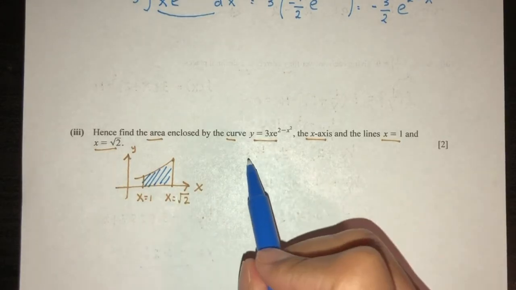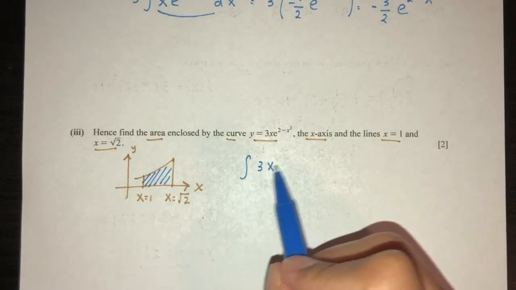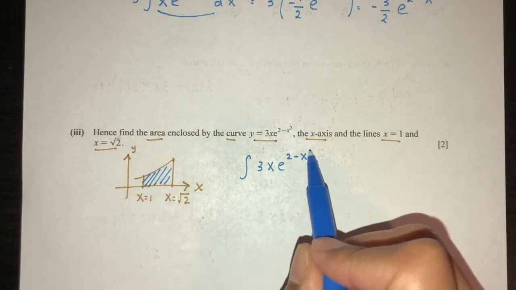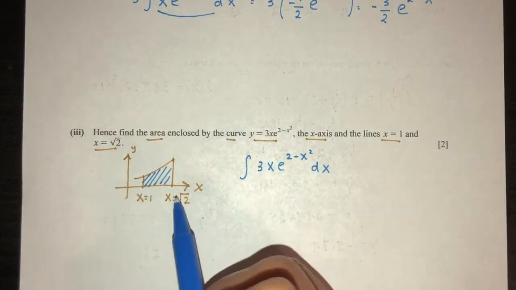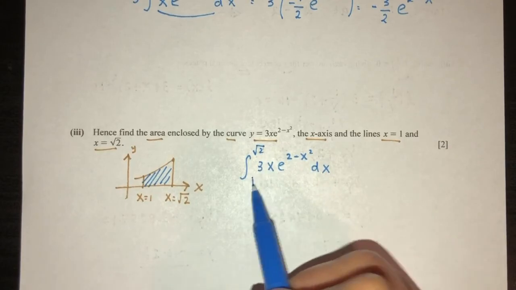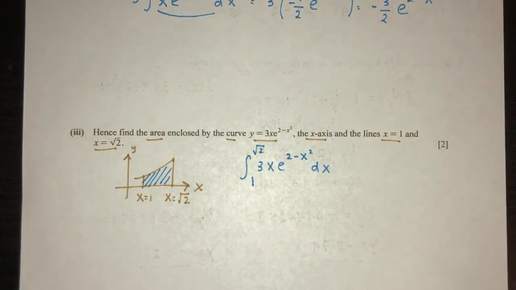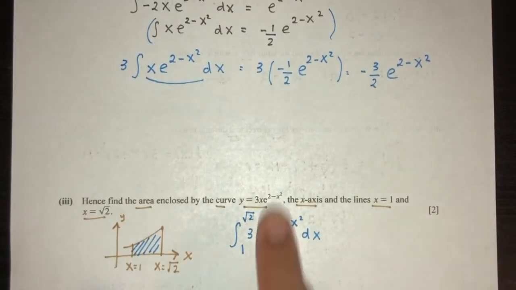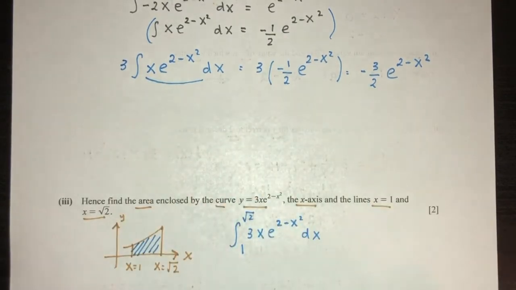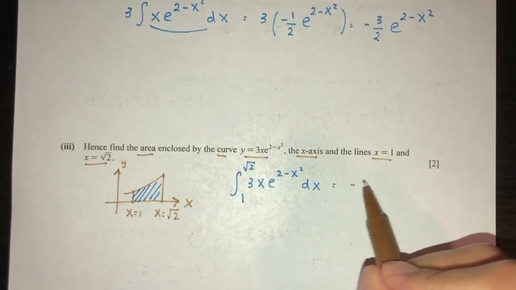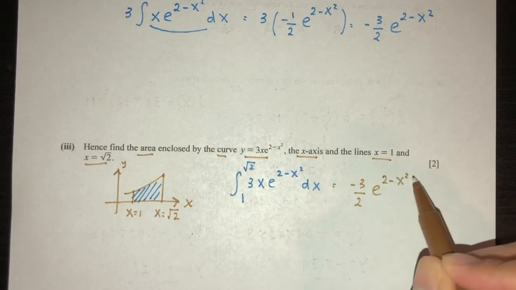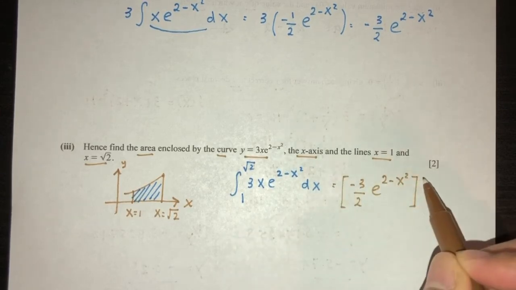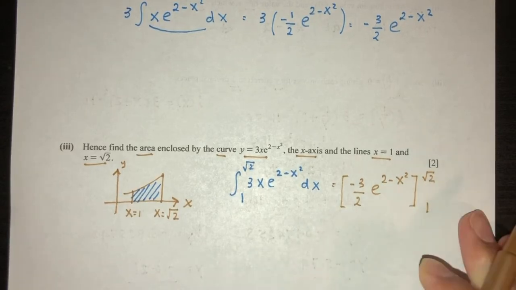Pretty easy. Integration of 3x exponential 2 minus x squared, dx, between the limits of root 2 and 1. Using your answer from the previous part, you know that the integration will give you something like this. So let's write this down. Minus 3 over 2 exponential of 2 minus x squared between the limits of root 2 and 1.